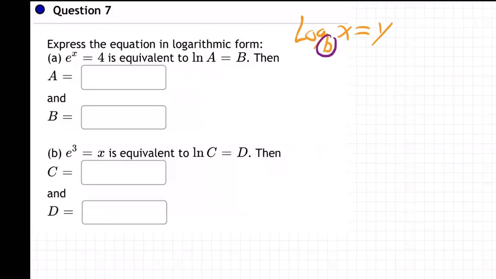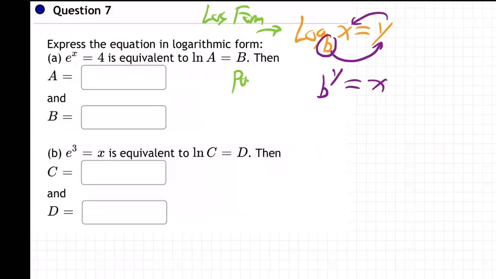You can grab the base and do the swish thing. Remember how we learned that? And it becomes b to the y equals x. Remember how to change forms like that, right? This is log form, and this is power or exponential form, right?